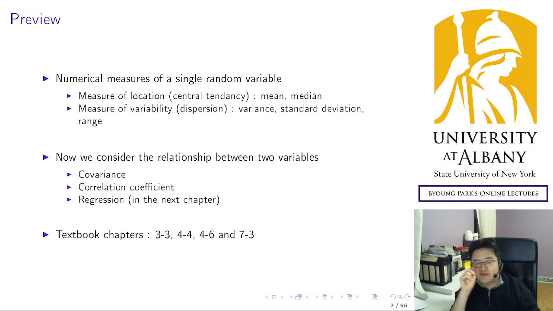Including those two chapters, all the inference methods so far assume that there is only one random variable. So confidence intervals, hypothesis testing, the sampling distribution, the normal distribution, the binomial distribution, all of the theory was based on a single random variable. But often we are very much interested in the relationship between more than one variable.